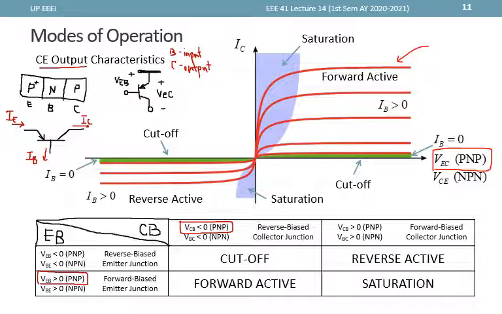Although here, what we are actually indicating in the plot is this IB, and that IB is actually here at the base directed outwards.